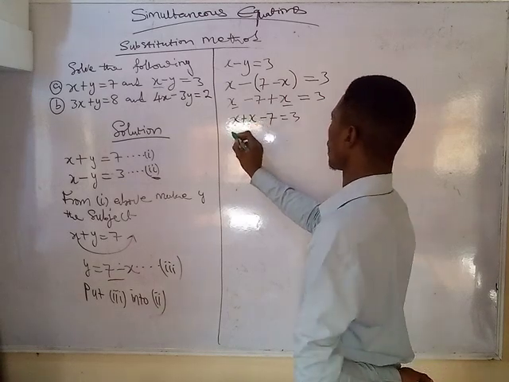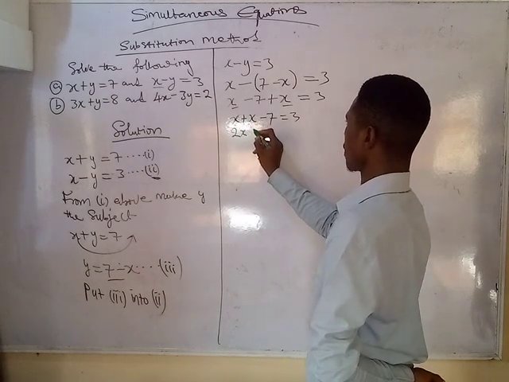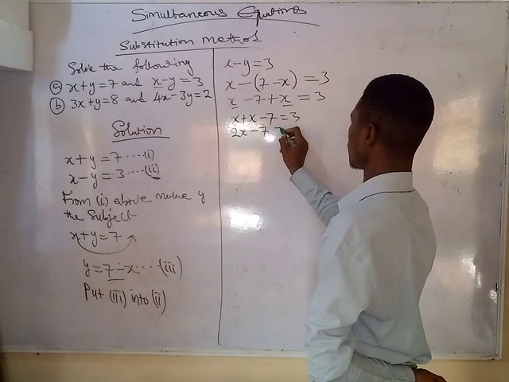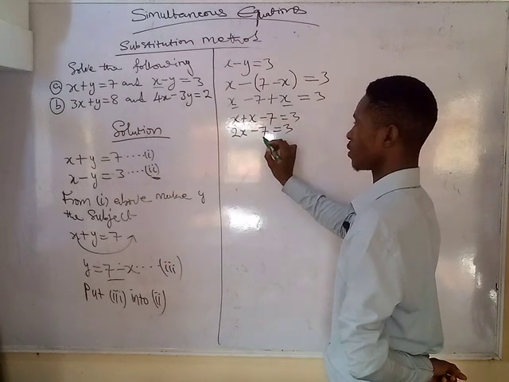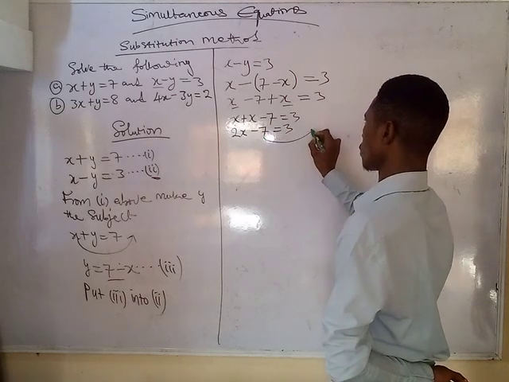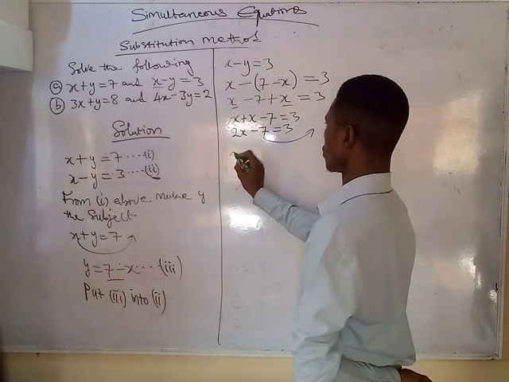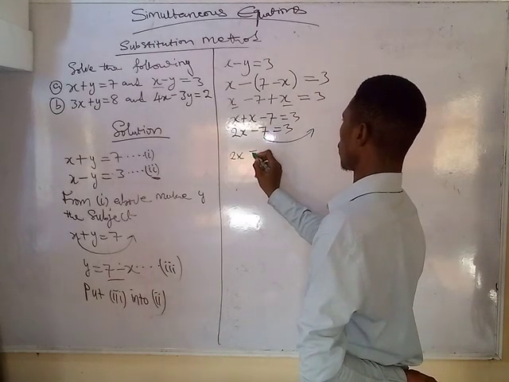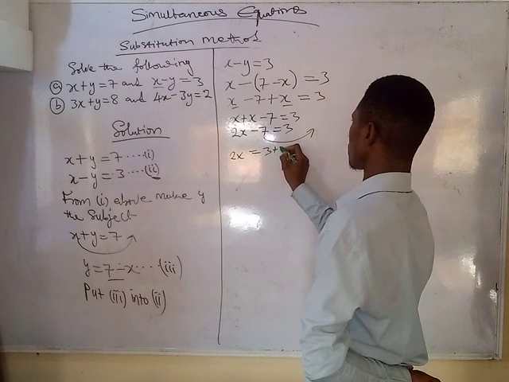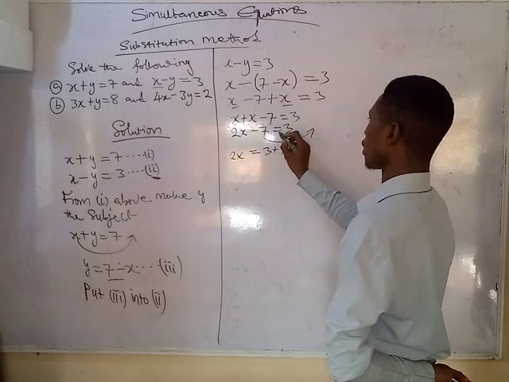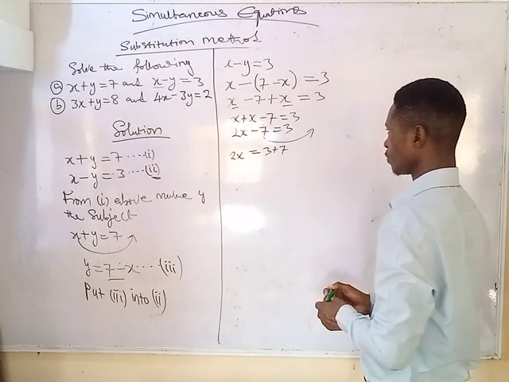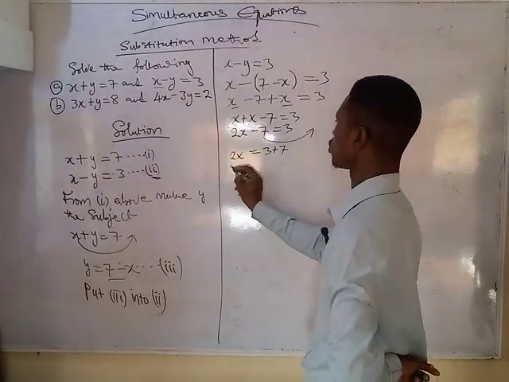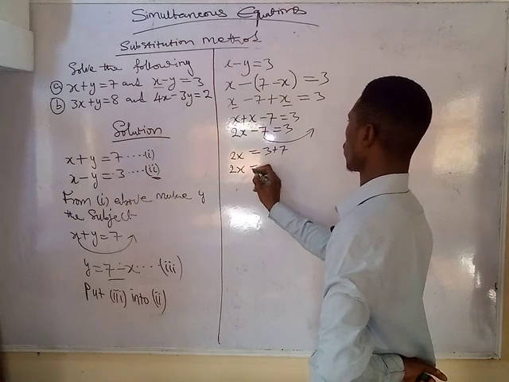So if we add them, we get 2x minus 7 is equal to 3. 7 is like terms with 3 since 7 is a constant. So we take it this way too. So this becomes 2x equals 3 plus 7. It's negative, going across the equality sign makes it positive. So in this case, we now have 2x equals 10.